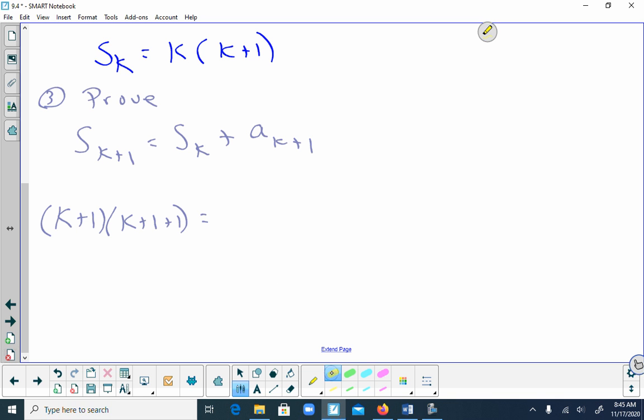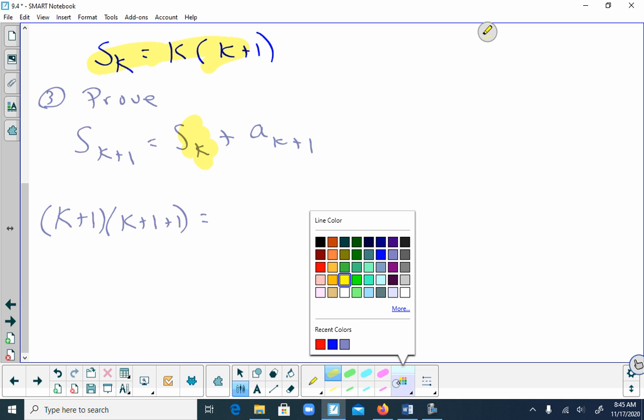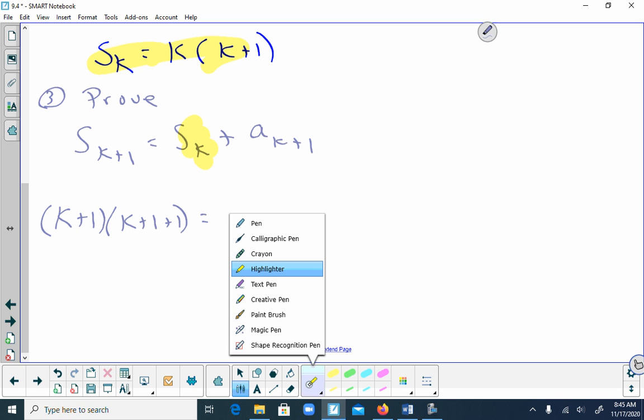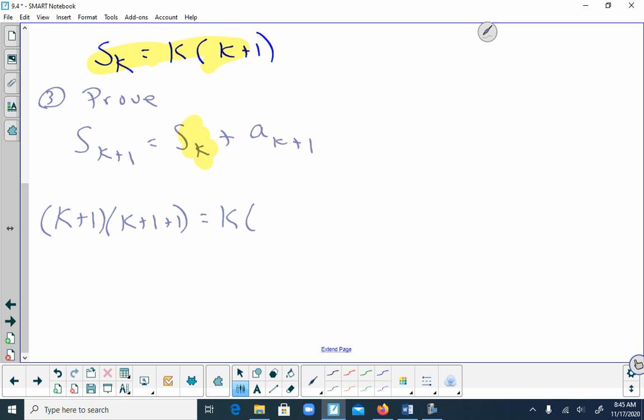I'll highlight that, the sum of k. So that's going to be k times (k plus 1) plus the next term. Don't you hate it when I forget to change my pen?